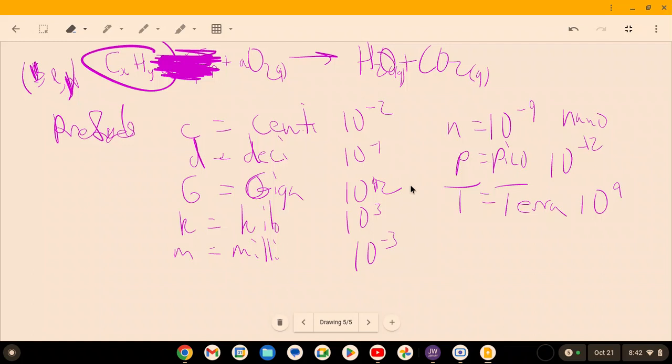Oh, I got it backwards. Giga and tera are opposite each other. Nine. I had that right the first time. 12. Yeah. And then cap P is peta. That's so crazy. All right. Those are the prefixes and their amounts.